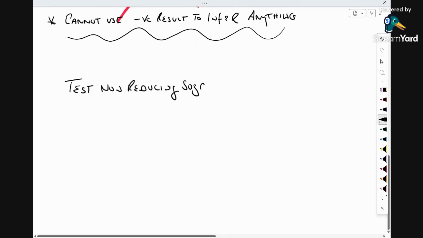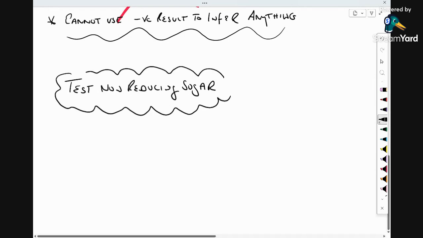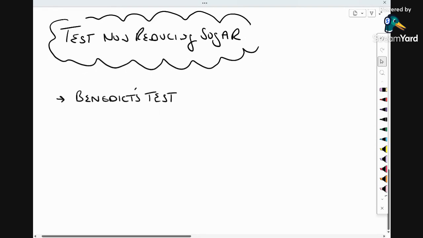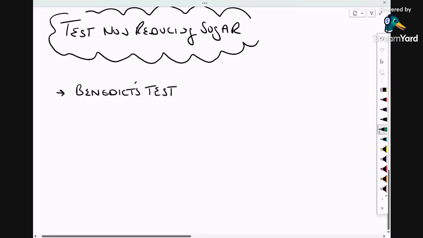So reducing sugars, as we've seen, are fairly straightforward: standard Benedict's test, we get a positive result. If it's a non-reducing sugar, we carry out Benedict's test. That's the first thing we do. So you need to write in an exam how we do that. Add your Benedict's to your sample, heat it in a water bath to 60 or 70 degrees, look for a color change.